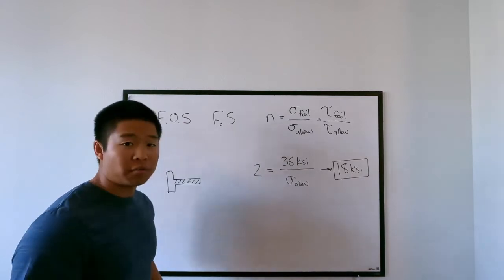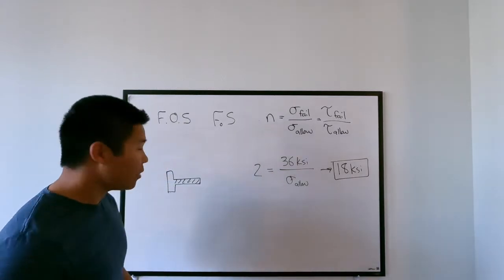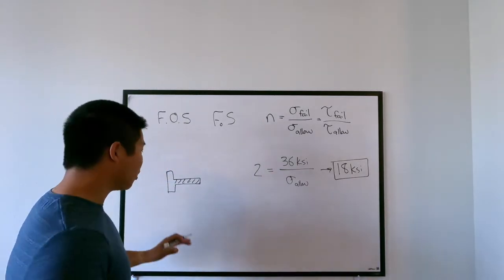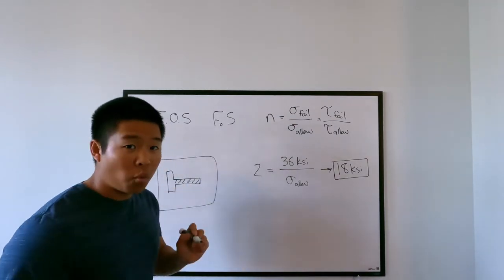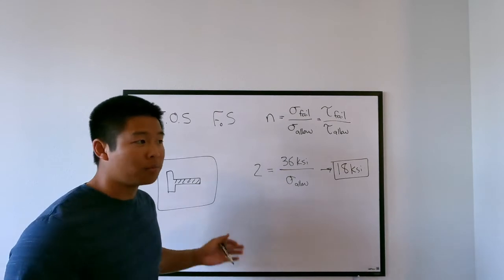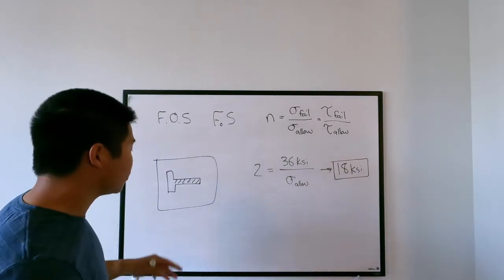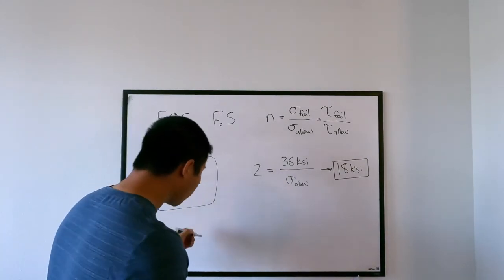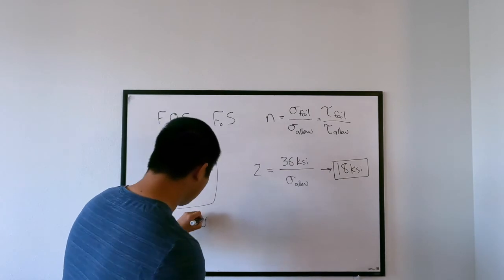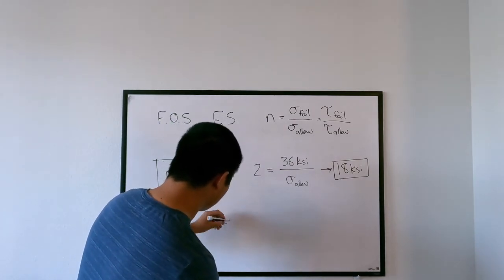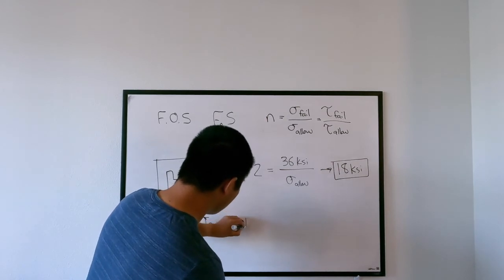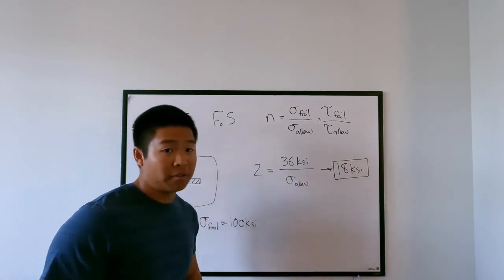There is a certification number. Somebody has inspected it, they've done all the paperwork, there is an entire report for this one single bolt that comes with it. So that's how they know it's certified, and you know for sure that the failure stress is exactly the failure stress. So you know it's going to be exactly, let's say, 100 KSI before it fails.